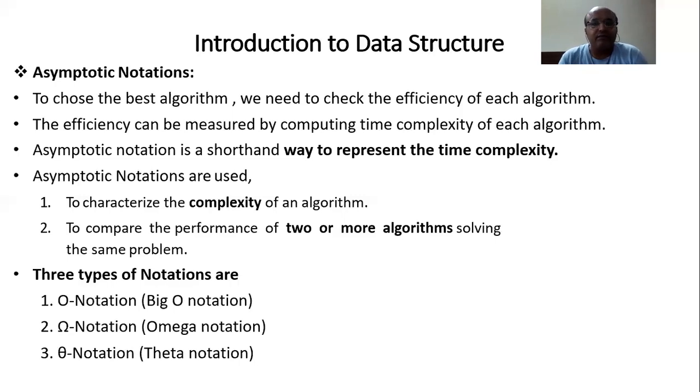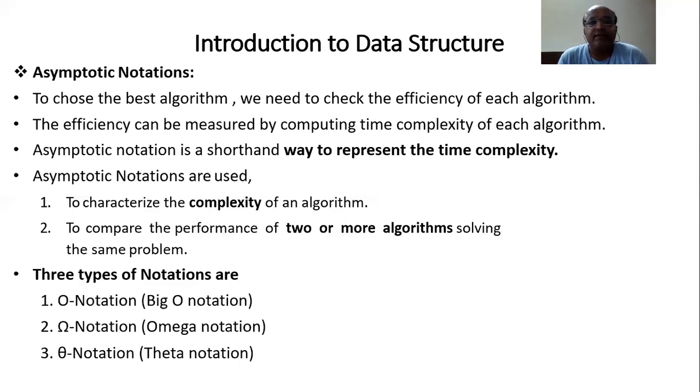Now see here in this PPT, to choose the best algorithm, we need to check the efficiency of each algorithm. The efficiency can be measured by what? Computing the time complexity of each algorithm. These things we have already covered. Now asymptotic notation is what? A shortened way to represent the time complexity.